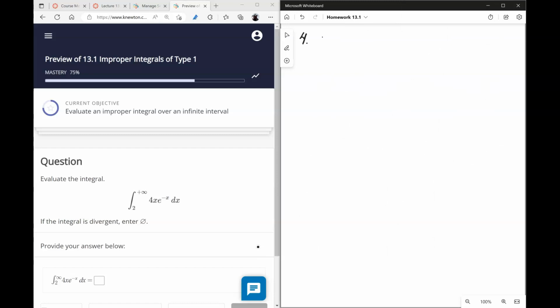Let's do another problem. And for this one, we're going to introduce a new variable, let's say t, and we're going to set it up as the limit as t goes to infinity.